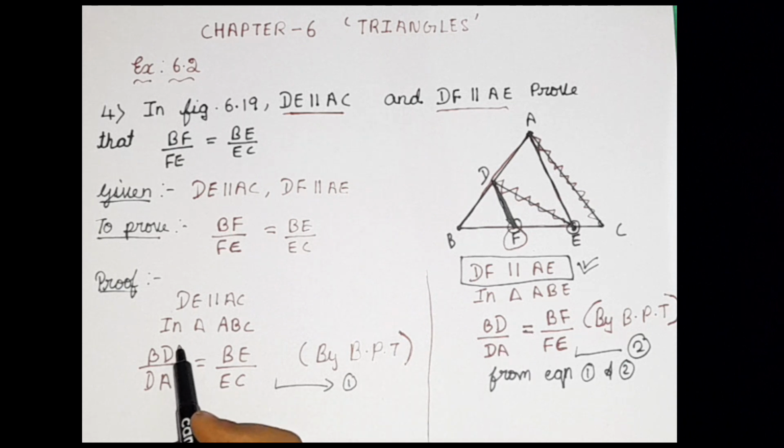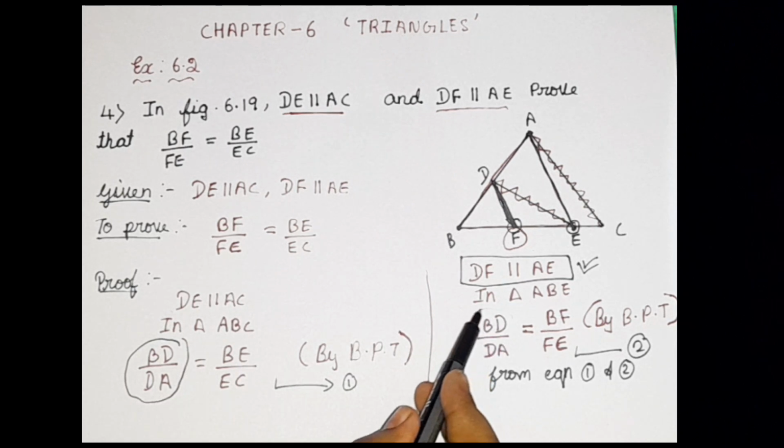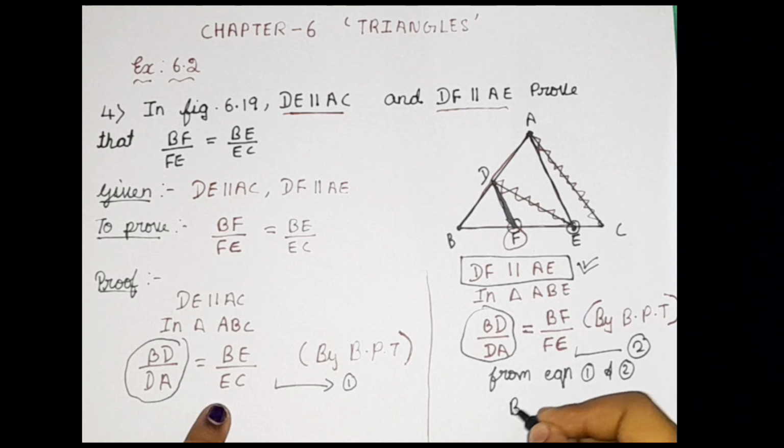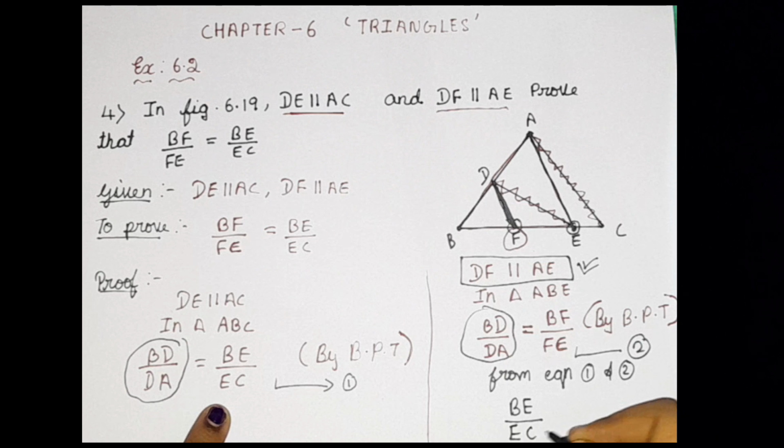This value in equation number 1 and this value in equation number 2 are exactly similar, so we can just ignore it. So we take BE by EC is equal to BF by FE.